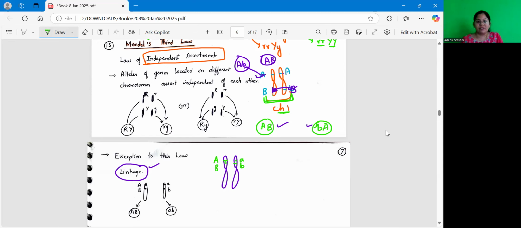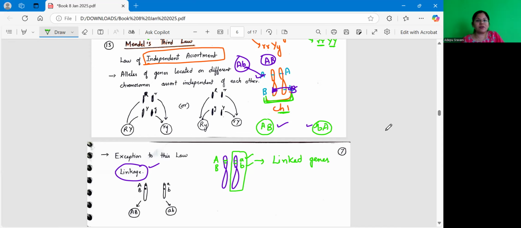So within a chromosome, if the distance between the two genes is less, then such genes are called linked genes.